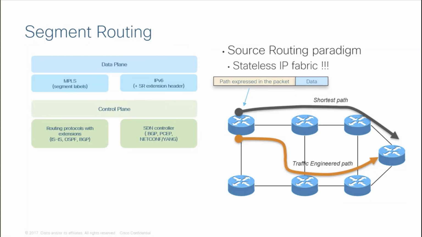On the right-hand side, you will also see that there are protocols that have been extended that allow for the centralized intelligence with SR. So BGP has been extended. Path Computation Element protocol has been extended. And obviously, programmability ways like NETCONF/YANG are there to take advantage when you program a segment routing network.